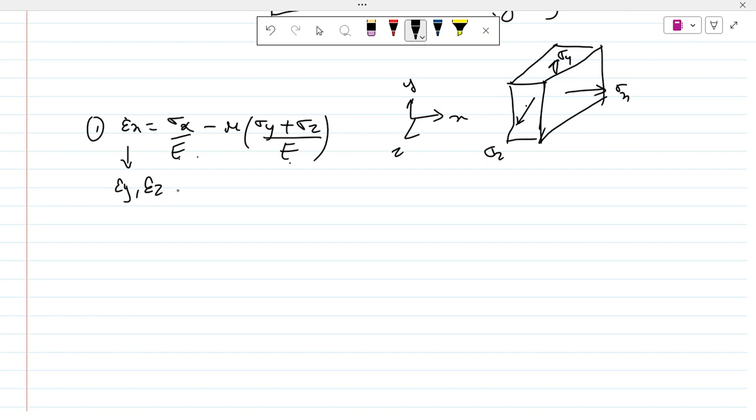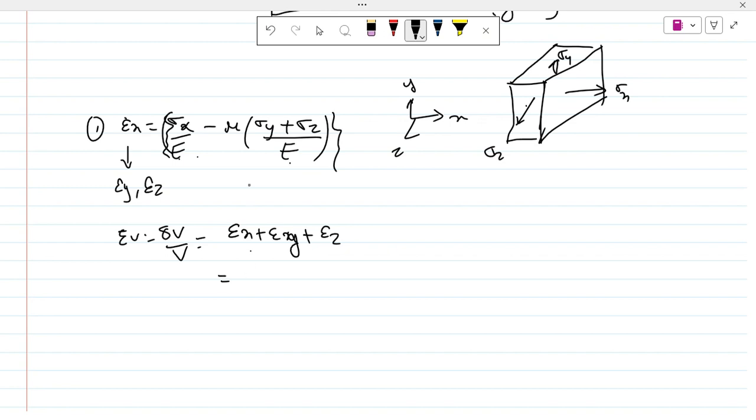Now volumetric strain. So what is volumetric strain? Ev is del V by V. We know this, but this can be quantified in terms of linear addition of epsilon x, epsilon y, and epsilon z, for x, for y, and for z.